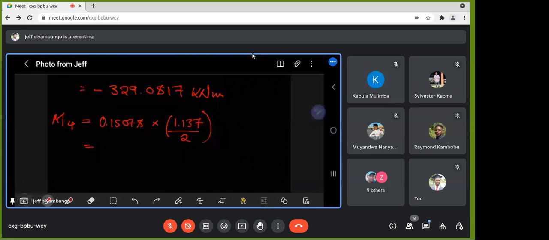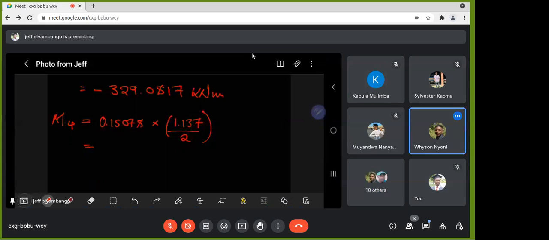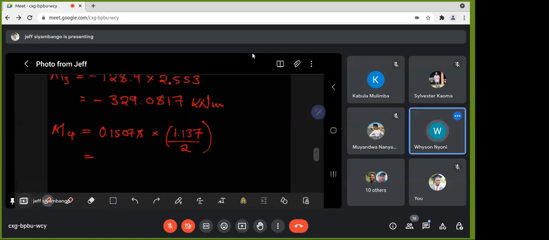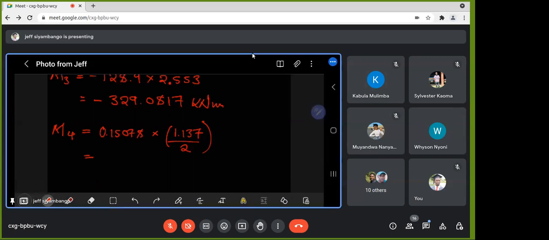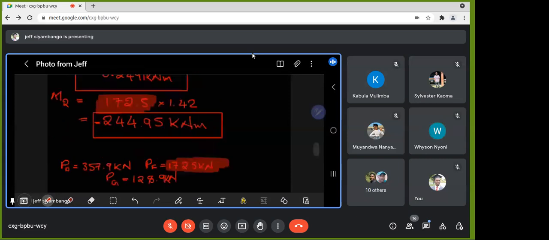So if we do that, that is 0.15078 by... Okay, so let me write this one down, then I'll show you where we got that one from. So where did we get that 1.137 from?